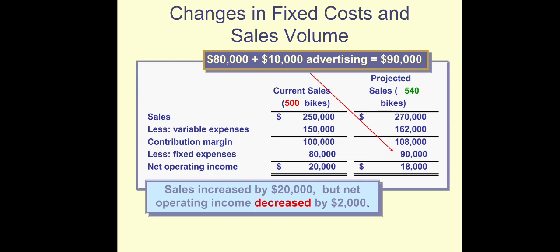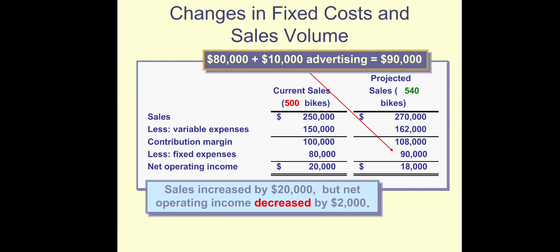And then column number 3 shows the income statement after the suggestion, or the income statement if the suggestion is accepted. So you can see here, projected sales of 550 bikes. Assuming that if the business accepts the suggestion, the sales quantity will become 540 bicycles per month.